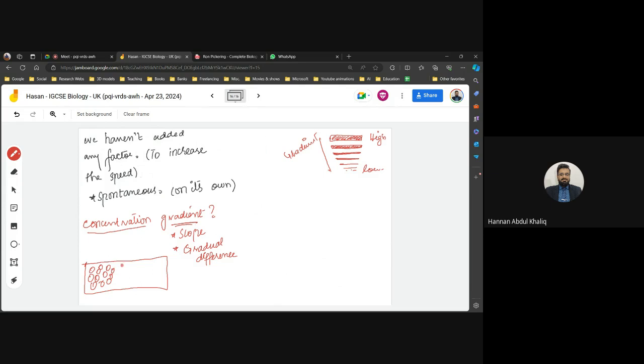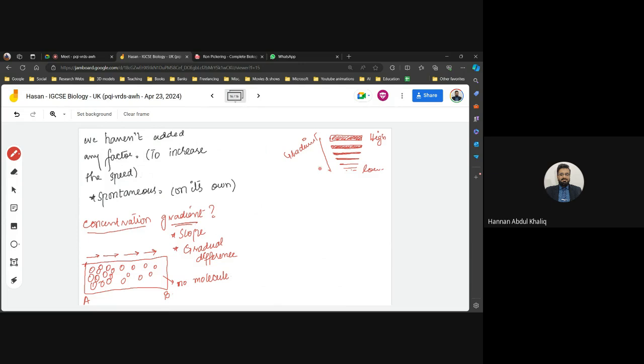Then it is gradually getting lesser, and at the end of the container, there is no molecule. This is the gradient, the gradual difference from area A to area B.